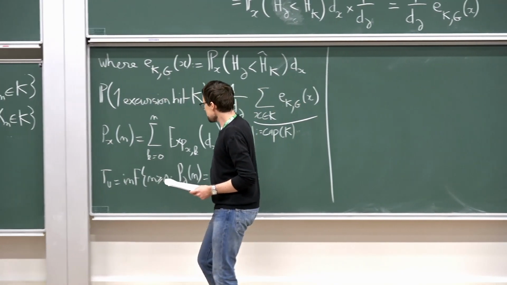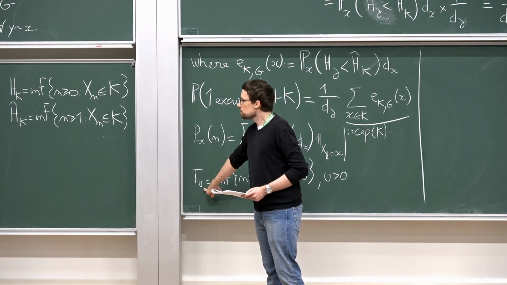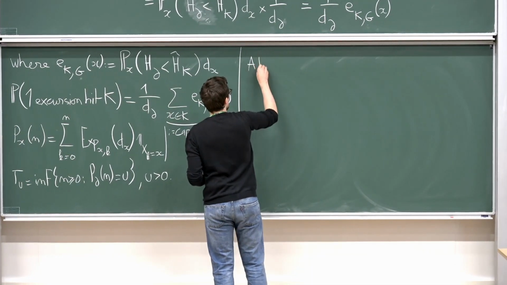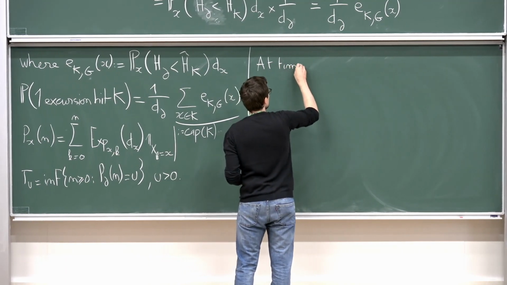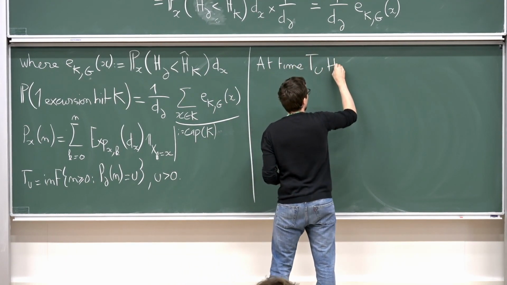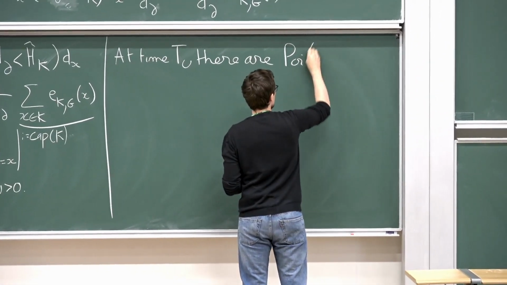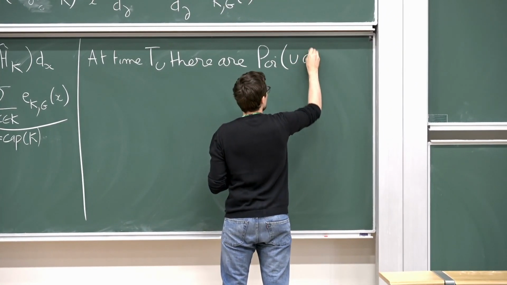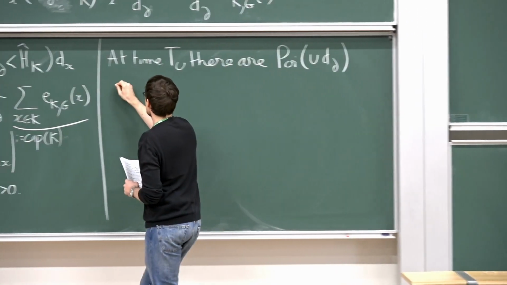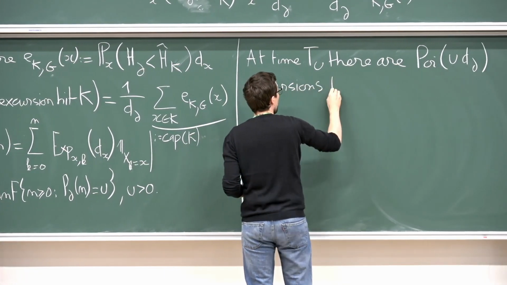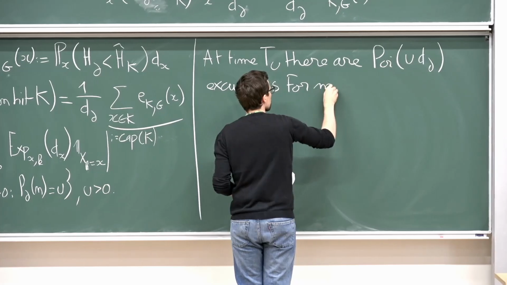Now the question is, at this time t_u, how many excursions do I have? Okay, so at time t_u, there are a Poisson number of excursions for my walk. Why? It is just what you're wondering.